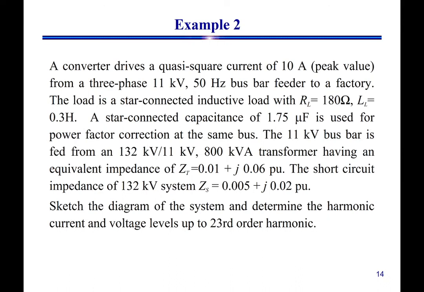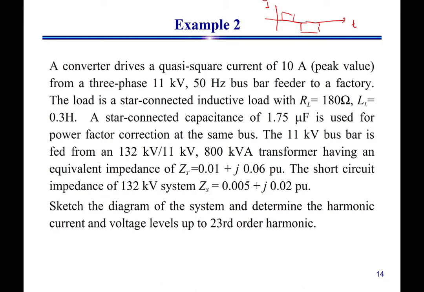Now let us look at example number 2. It says that a converter drives a quasi-square current of 10 ampere peak value. So we have a quasi-square current, and this one will be the current against time.